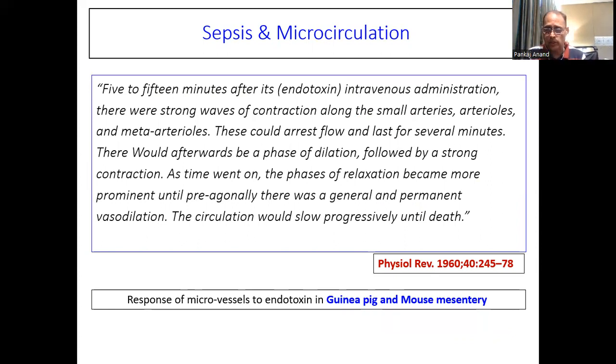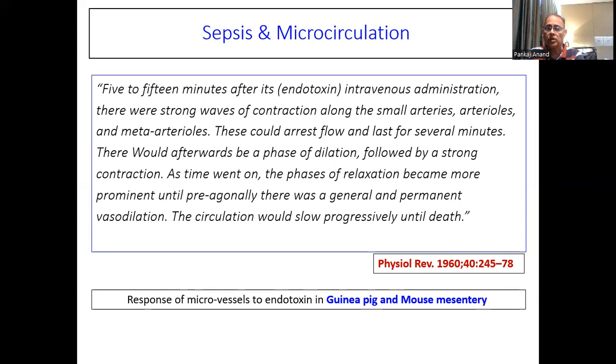Now, if you were to talk specifically about what happens to the microcirculation in sepsis, this is a very important article published in the Physiological Review in 1960, where they actually studied the response of the microvasculature to an intravenous injected endotoxin in the guinea pig and the mouse mesentery. Around 5 to 15 minutes after having injected this, there were strong waves of contraction along the small arteries, arterioles, and the meta-arterioles.